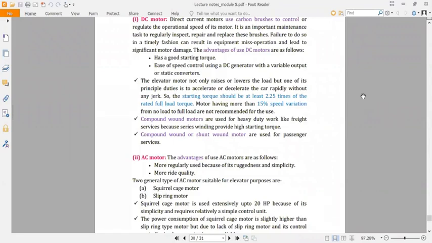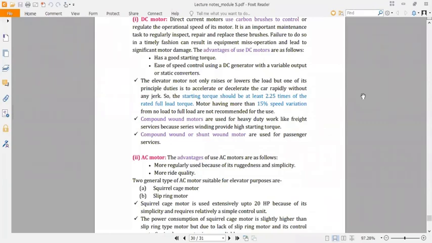Also, we can use compound wound DC motors, which are also in use in the elevator system. So as per the site condition and our requirement, we can use different types of DC motors for this elevator system.